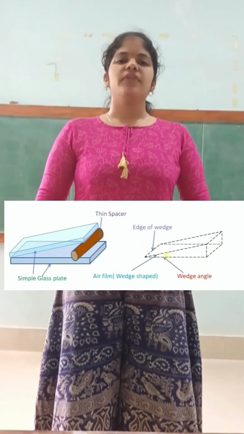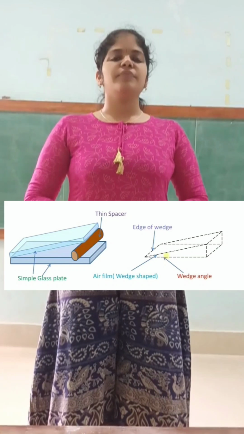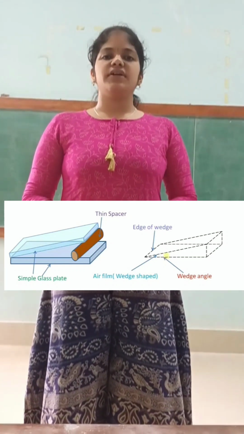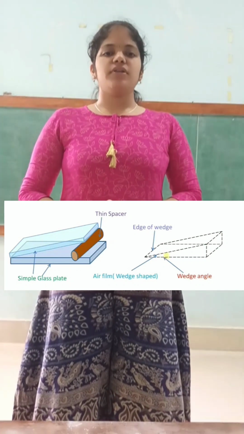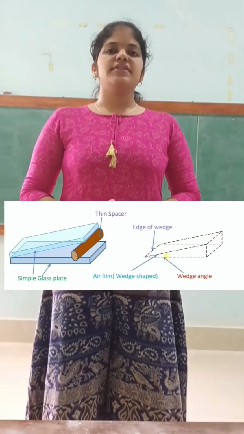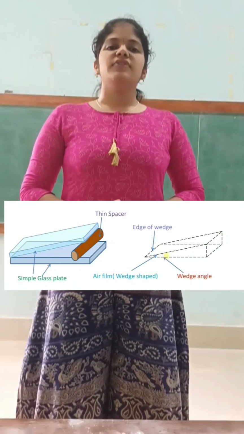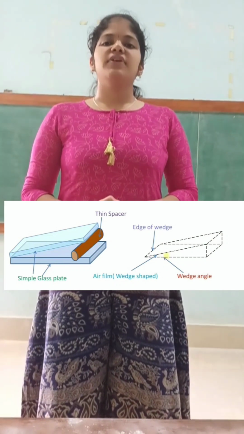Next comes the air wedge. What is it? A thin film having zero thickness at one end and progressively increasing to a particular thickness at the other end is called a wedge. If the medium here is air, then we call it an air wedge.